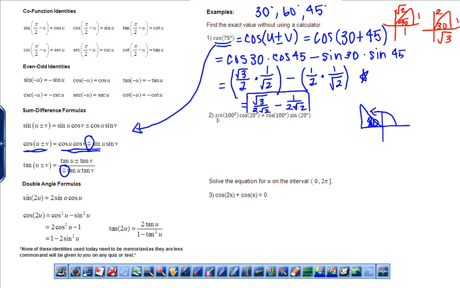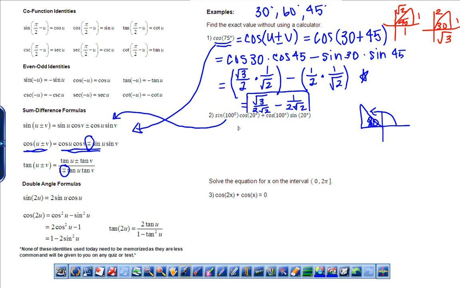So if I have a sine times cosine plus a cosine times sine, what could this be equivalent to? If I look over here, a sine cosine plus a cosine sine is like this one. Okay, so because I couldn't draw the triangle and find the values, let's work backwards and let's make it easier.